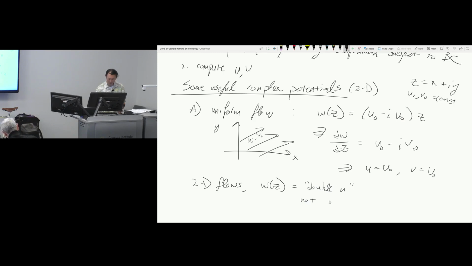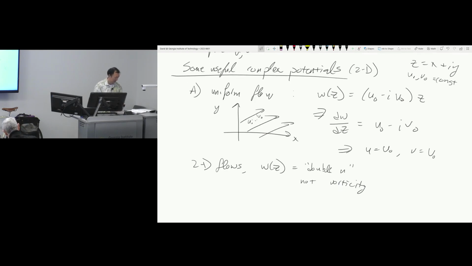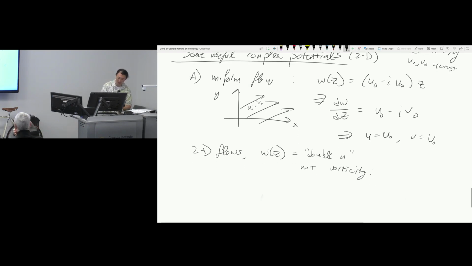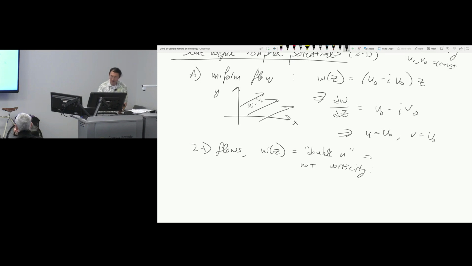Not vorticity. Because vorticity is some separate value. All right. This is the complex potential. We call this the complex potential. The complex potential has information on phi and psi in it.